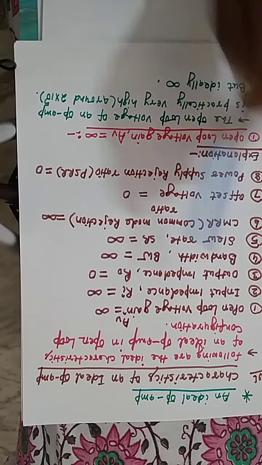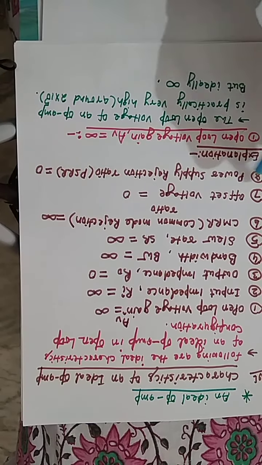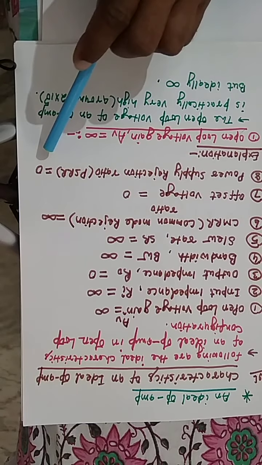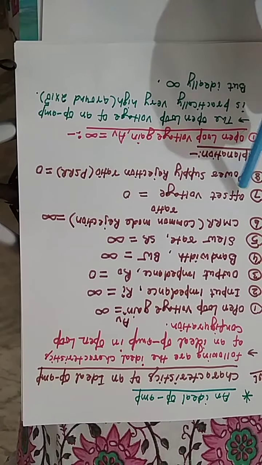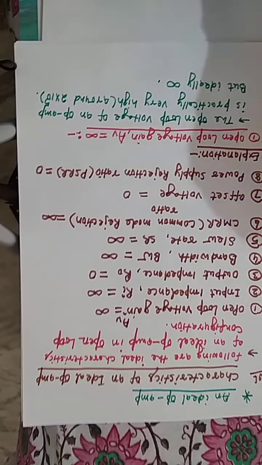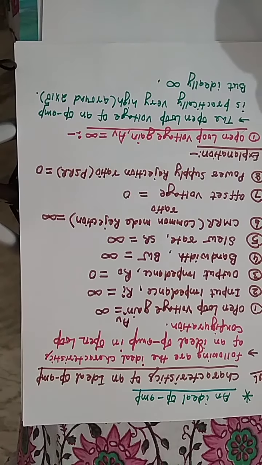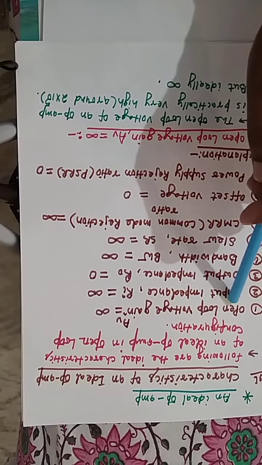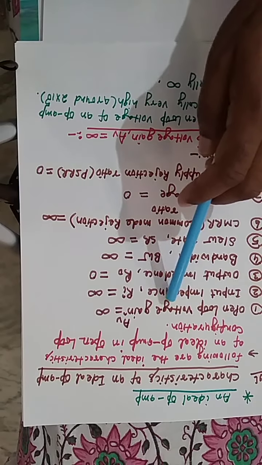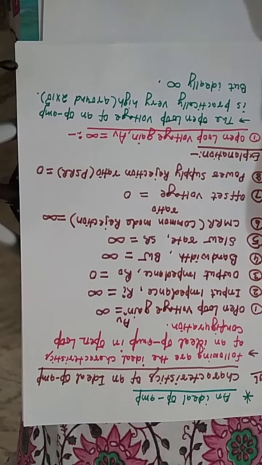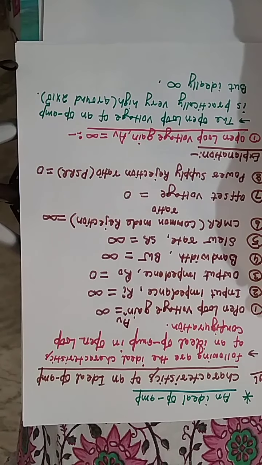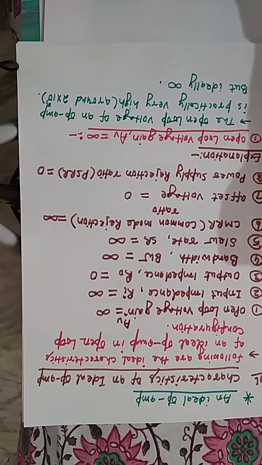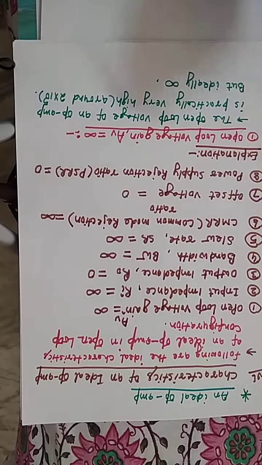So the parameters starting with O are 0 except PSRR. We need to remember this exception. PSRR is 0, the parameters starting with O are 0, and the rest of the parameters are infinity. For voltage gain, you need not remember open loop voltage gain separately. This is basically voltage gain, and voltage gain is infinity. So guys, you need to remember these 8 parameters: 5 parameters are infinity and 3 parameters are 0.